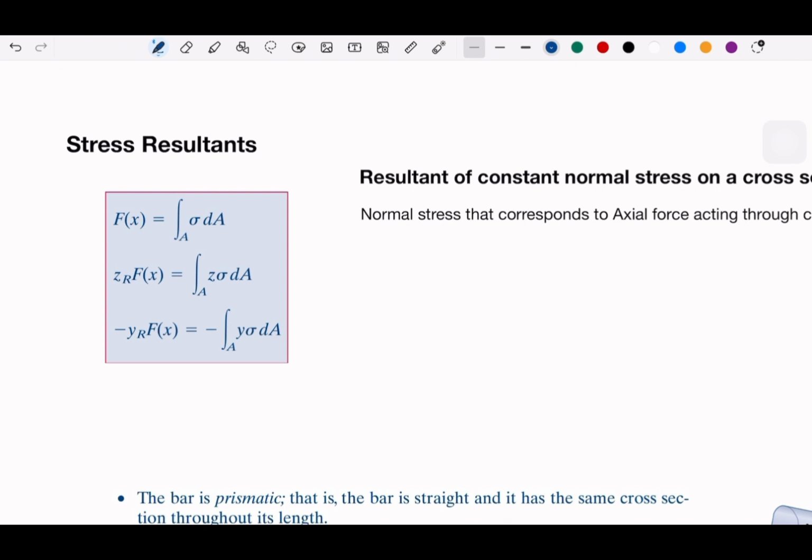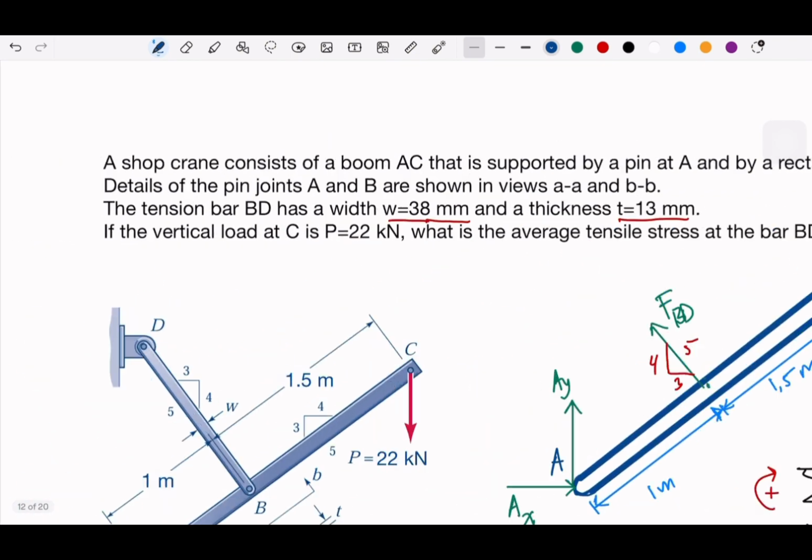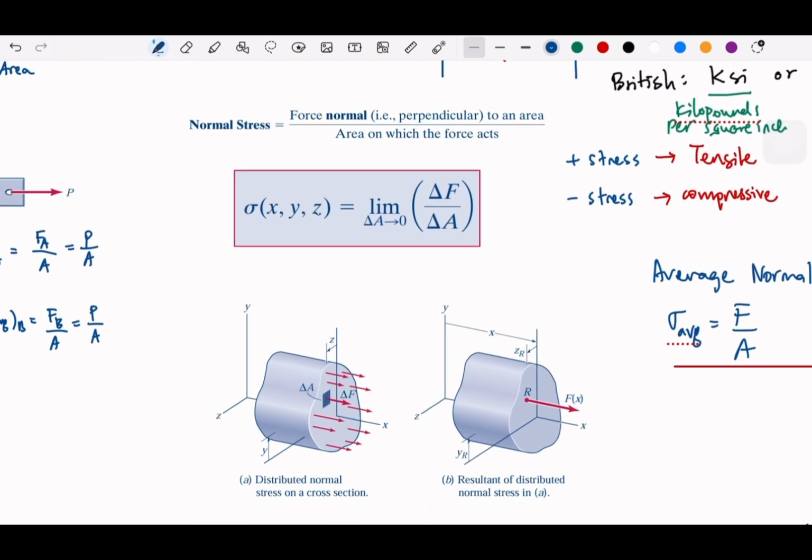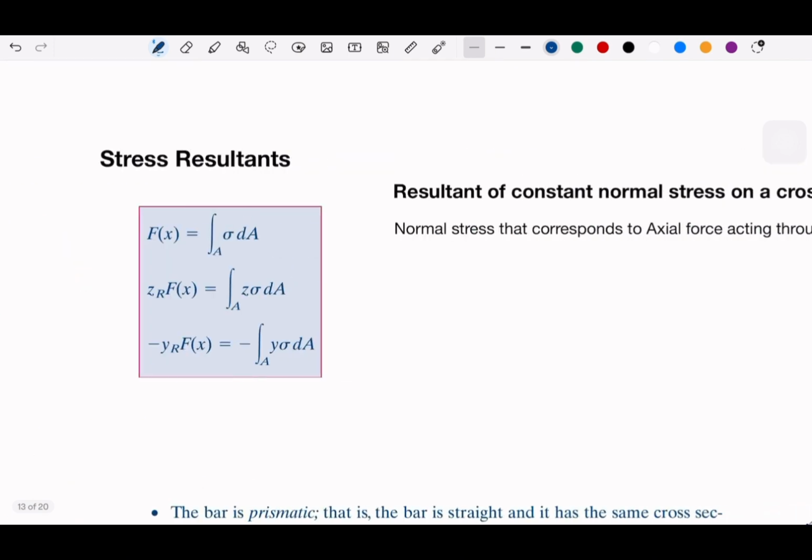And there are greater details in the relationship between the distributed normal stress on the cross section and the resultant. So if we look back at the definition of the normal stress, now we could replace the delta from before with d. In mathematics, d represents something that is really small.